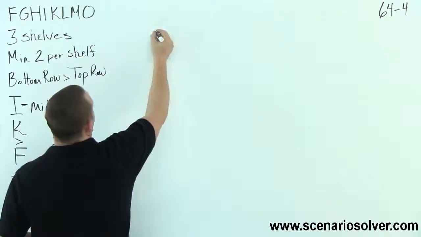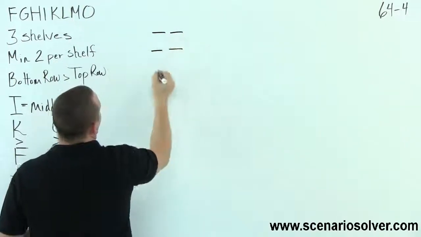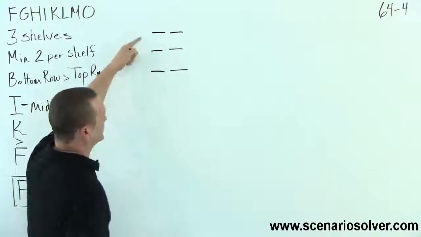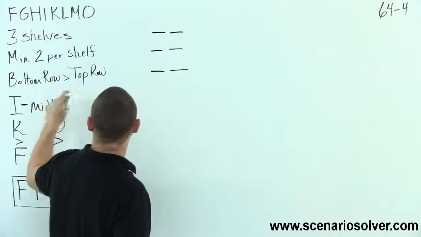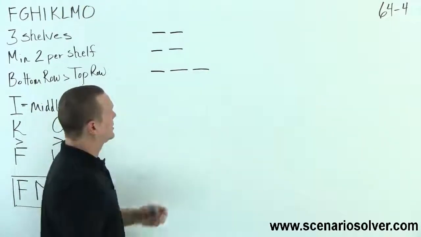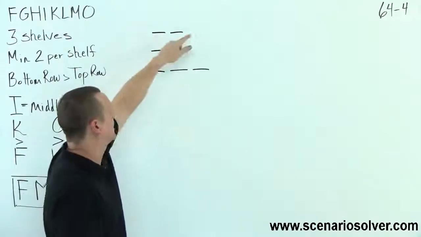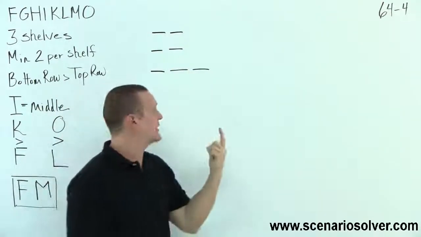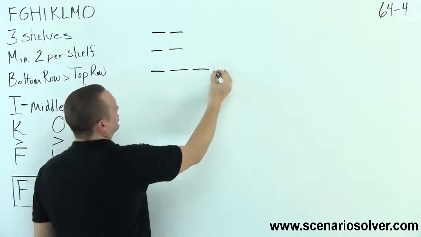We know for a fact it has to look, we'll just start with the minimum. Okay, this is the bottom, middle, and top, obviously. That's the minimum. And then we know from the other rule that the bottom row has to have a greater number than the top row. So we cannot place anything on this top row. If we did, we would be out of variables. We're at 7 here. So really all that can happen is you can have either a variable here or a variable here.